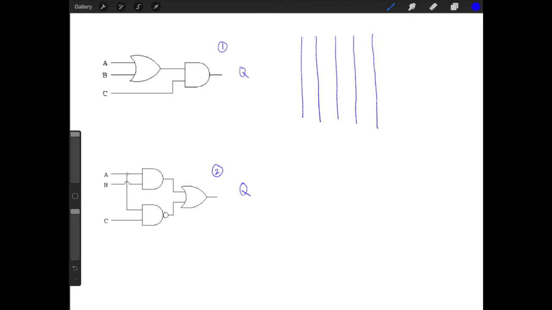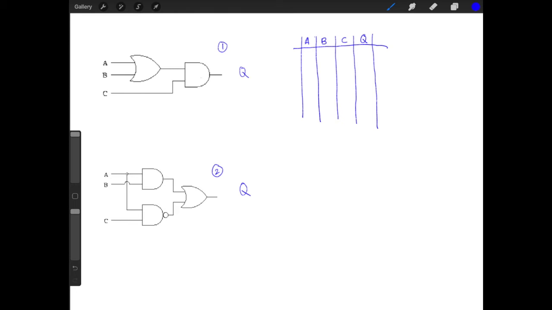So in this first problem, we have 3 inputs, right? So we have A, B, C, and then our output, which is Q. Okay. So after we put in all the possible inputs for the truth table, then we're going to go ahead and label these gates. That way we remember the different behaviors of these gates.